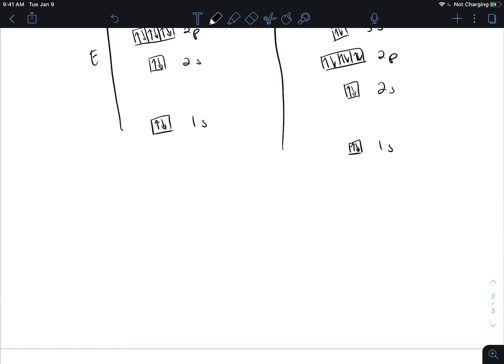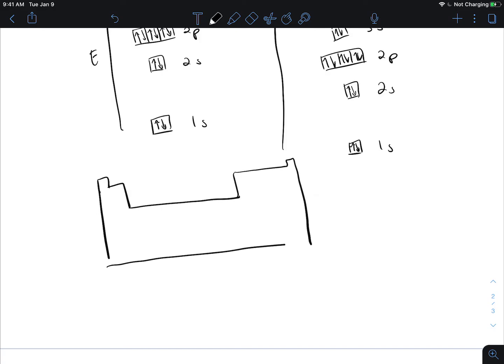So remember, with our periodic table, it tells us information. I've drawn this like 10 times now, but it's very important.